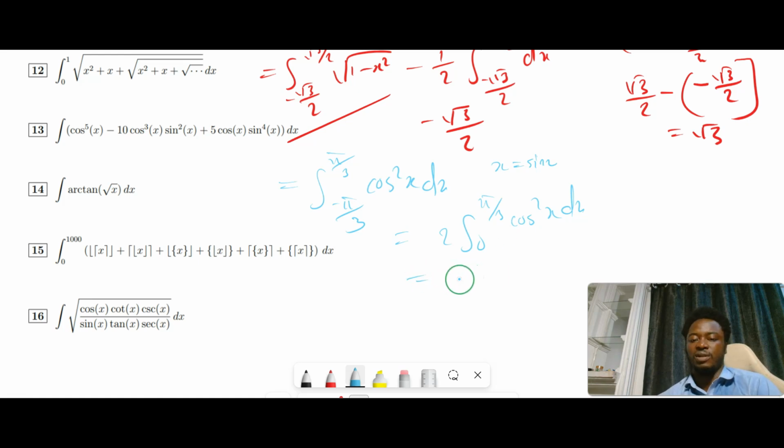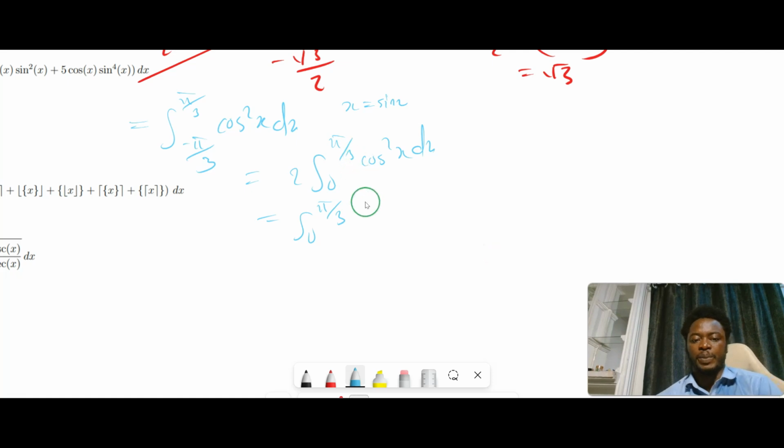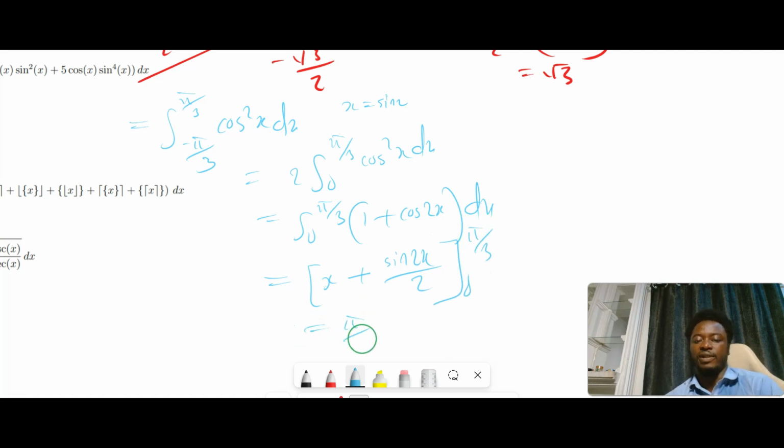And this is going to be the integral from 0 to pi over 3 of 1 plus cosine of 2x dx, which is going to be x plus sine of 2x over 2 from 0 to pi over 3. So that will be pi over 3 plus sine of 2 pi over 3, which is plus square root of 3 over 4.